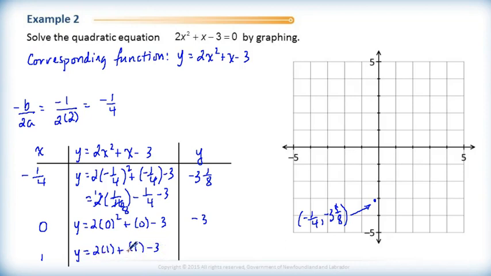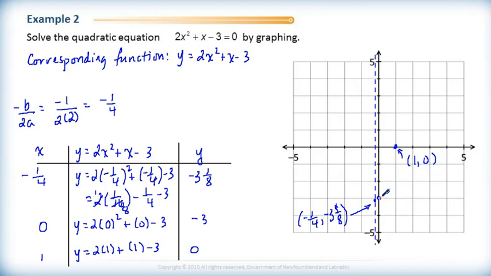I've got 2 plus 1 is 3 minus 3 is 0. Wow. We've got our y-intercept at negative 3. And we've got 1, 0 as a point on the graph, which gives us one of the roots of the equation.